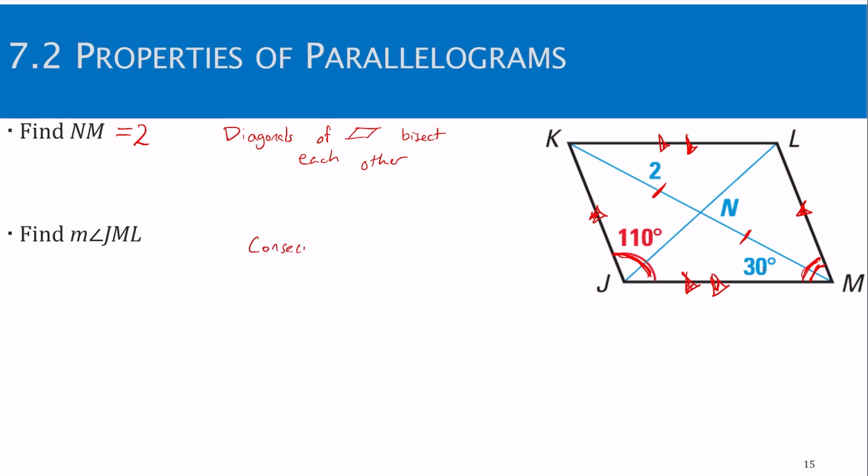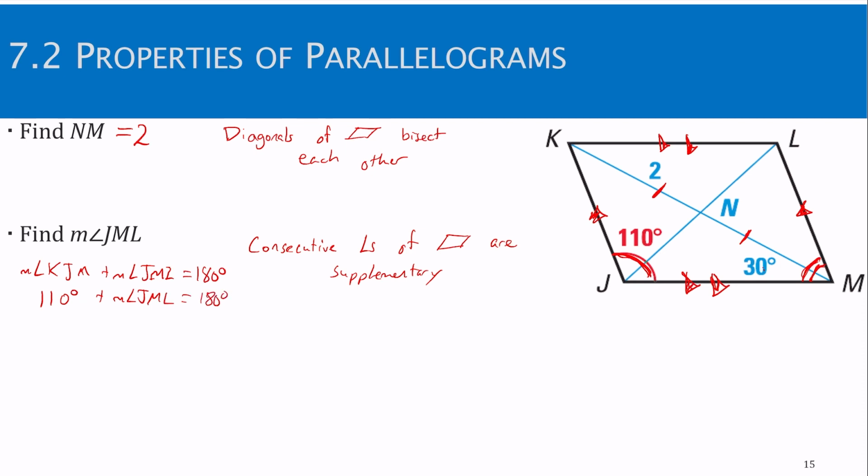So consecutive angles of a parallelogram are supplementary, which means the measure of angle KJM plus the measure of angle JML has to equal 180. Well, KJM is 110 degrees. So the measure of angle JML is 70. So this whole angle there is 70.